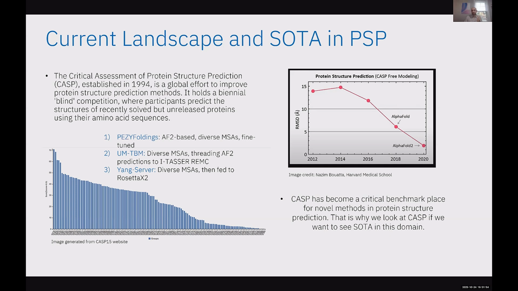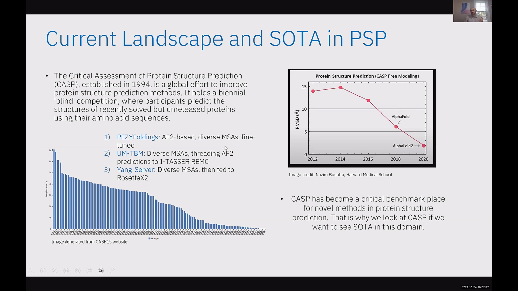Now everyone is using that, and it's a very, very powerful tool, right? And when you look at the top performing groups, I think this is from CASP 15 in 2022, they all use some variation of AlphaFold 2. They do minor tweaks to improve their performance.